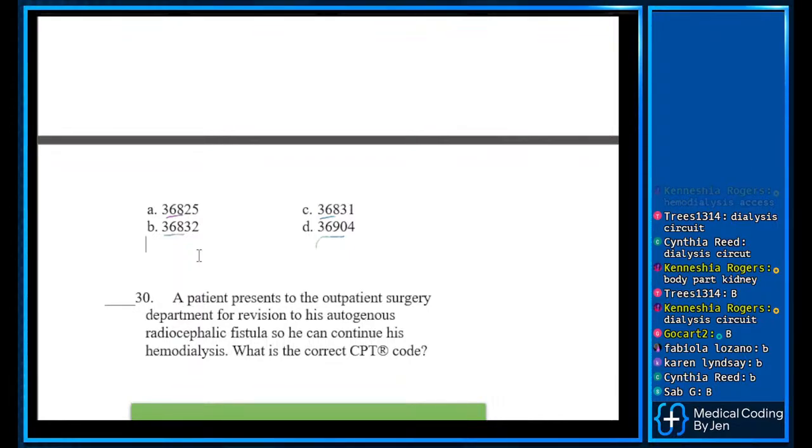Dialysis circuit, any method. Could be. I'm dealing with the access ports.